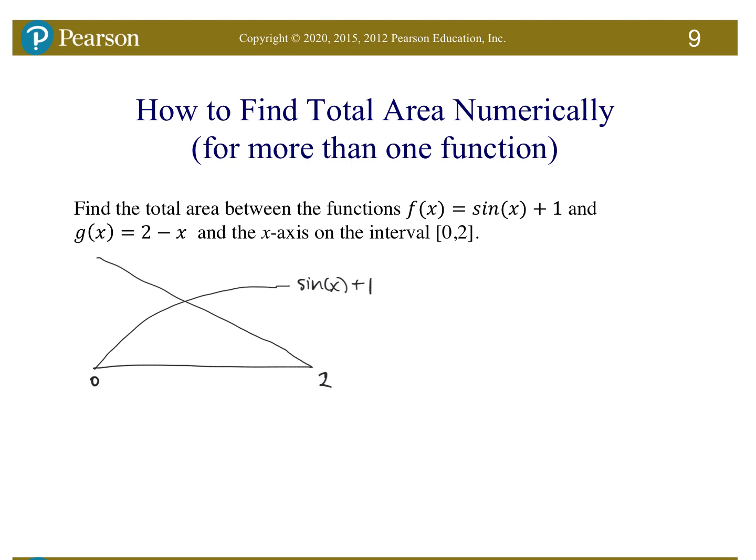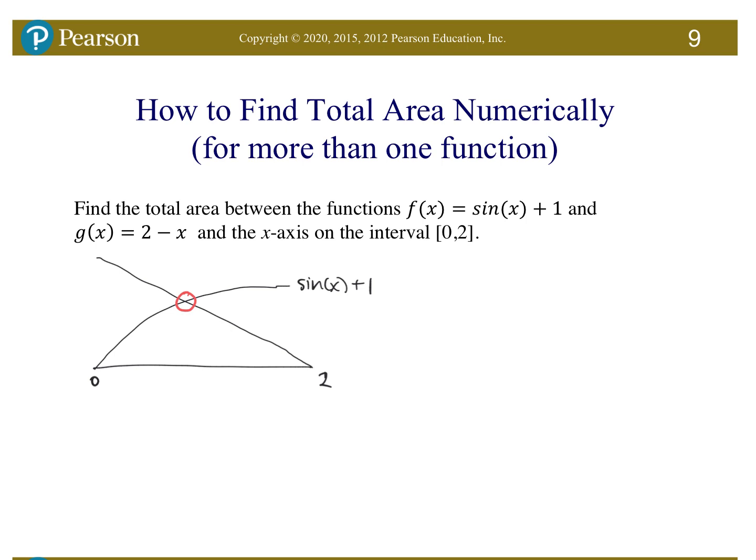All right, so what do you notice happens when they intersect? They change places, right? Because one of them is the upper function and the other is the lower function, and then they trade spots. All right, we need to figure out where this is.